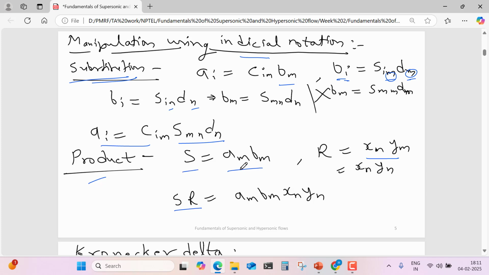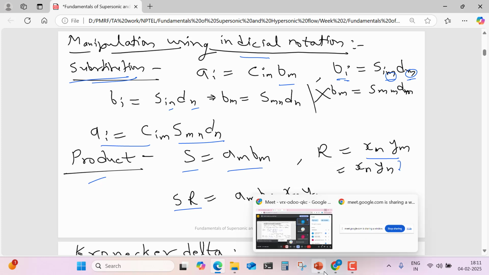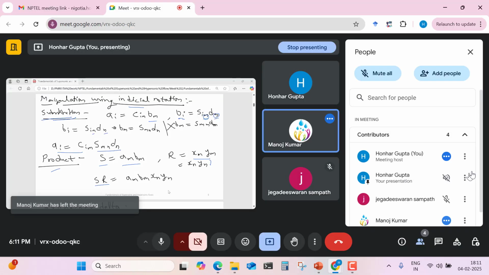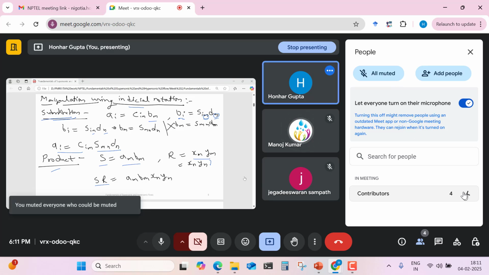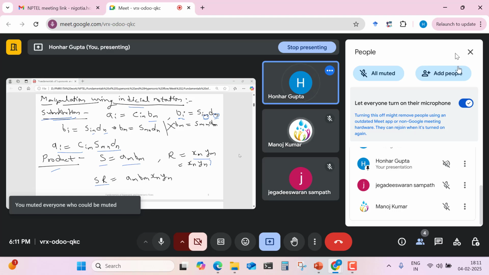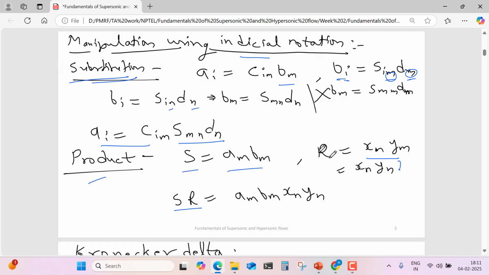This quantity S is in index m and this R is in index m, so we have to write one in some other index. We have changed this m to n, so it will become Xn Yn. And now we can do the product.